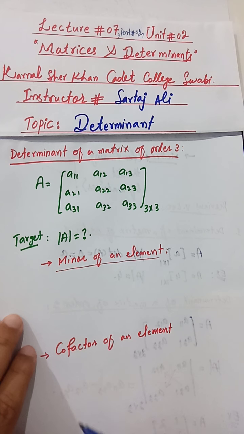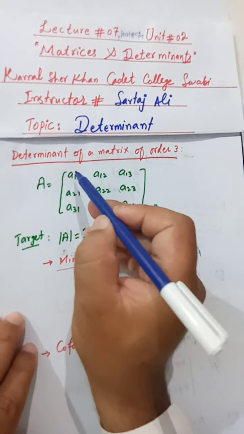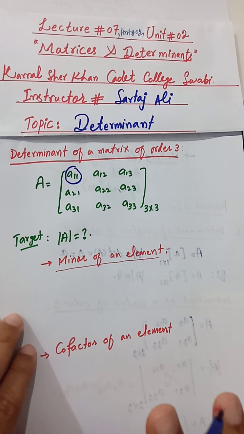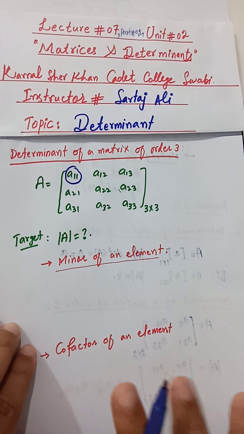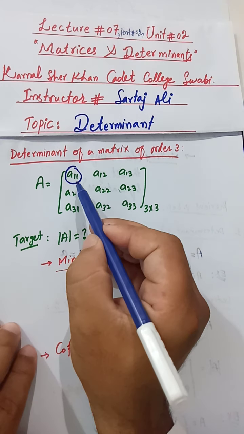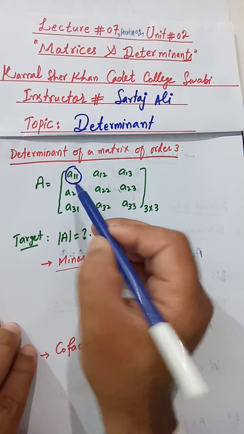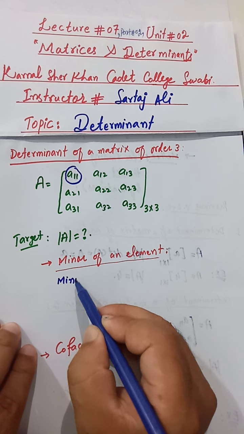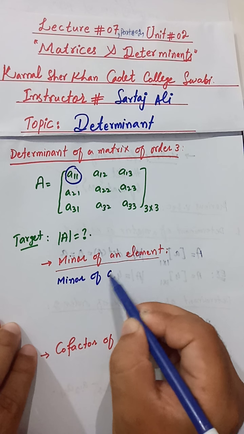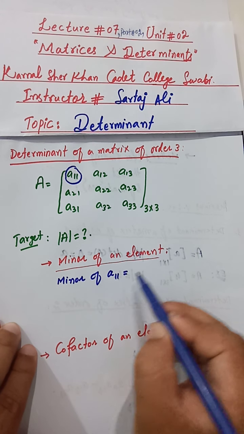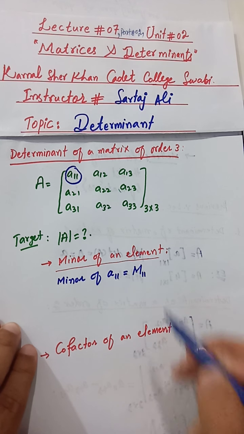If you are finding the minor of, let's say, this element, each element has its own minor and its own cofactor. So the minor of a11 is denoted by capital M11.